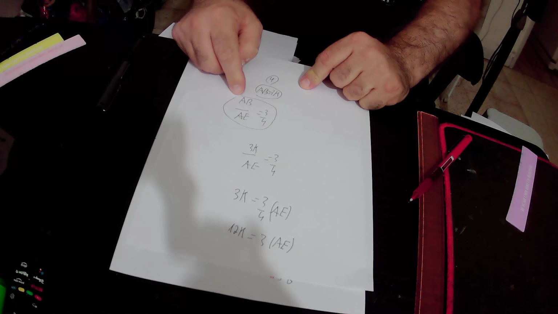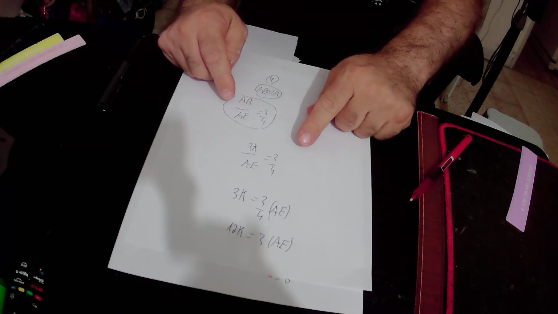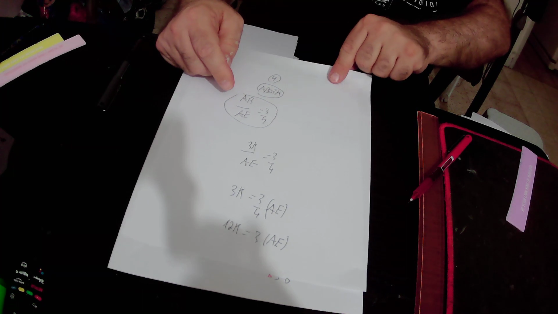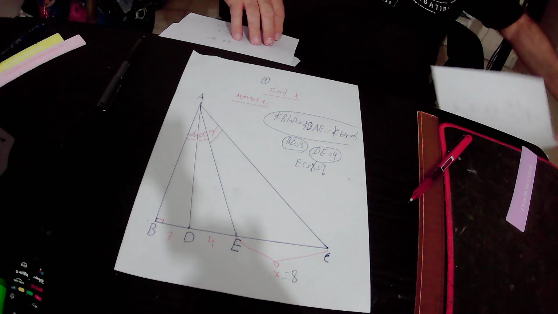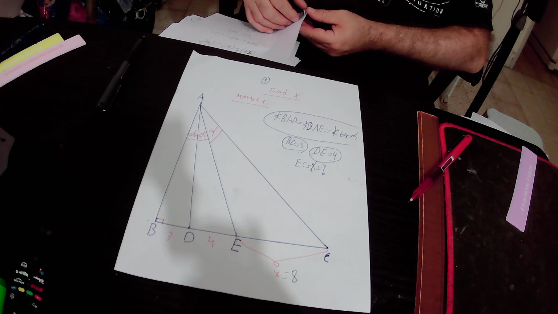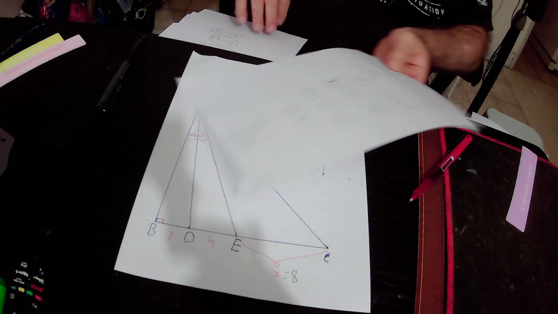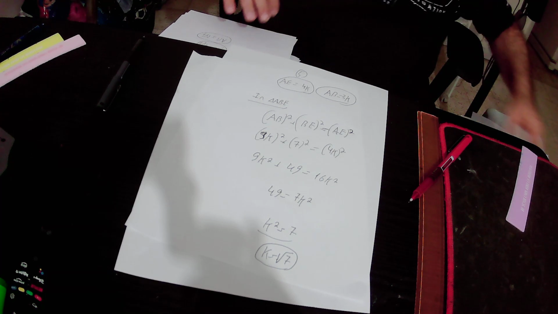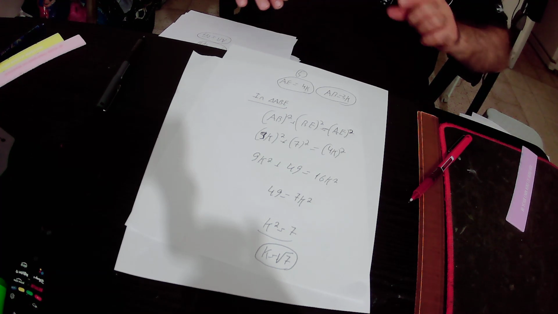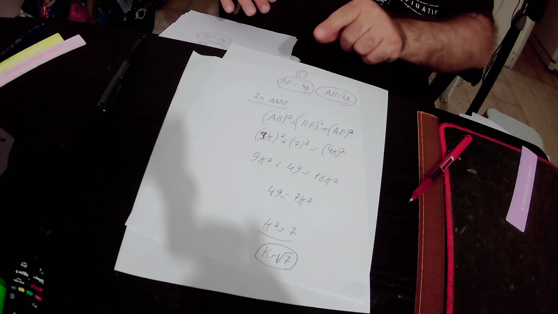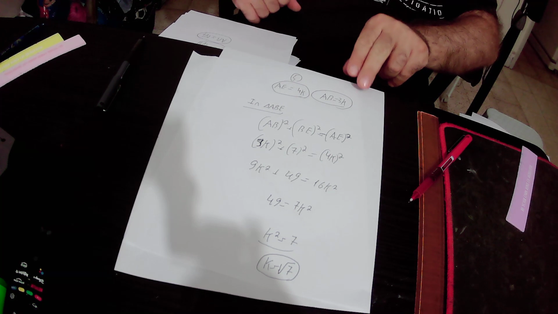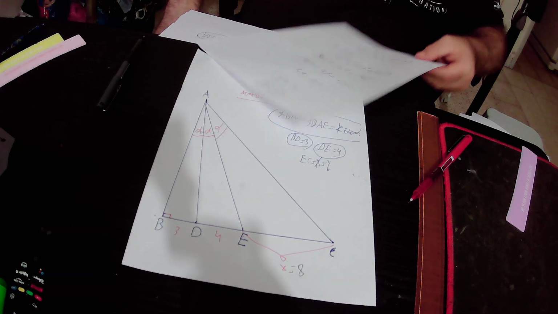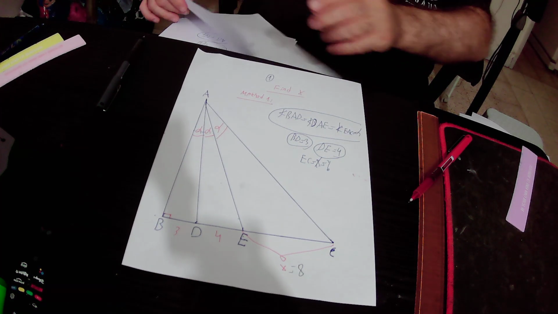If AB equals 3k, then the value of AE must be equal to 4k. Okay, so in the right triangle ABE, we implemented the Pythagorean theorem.